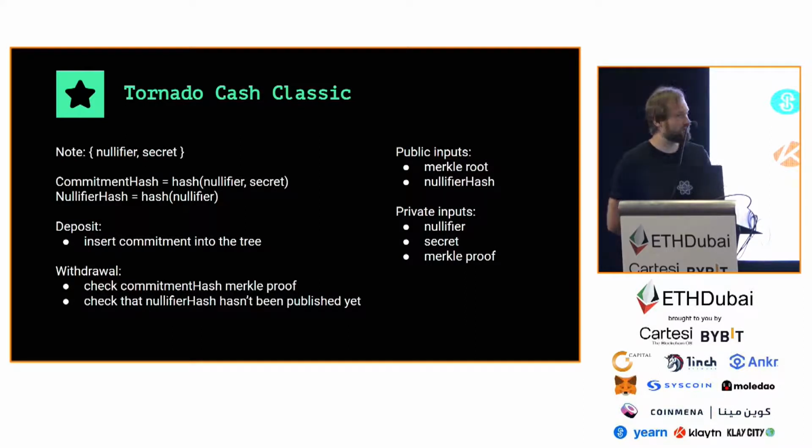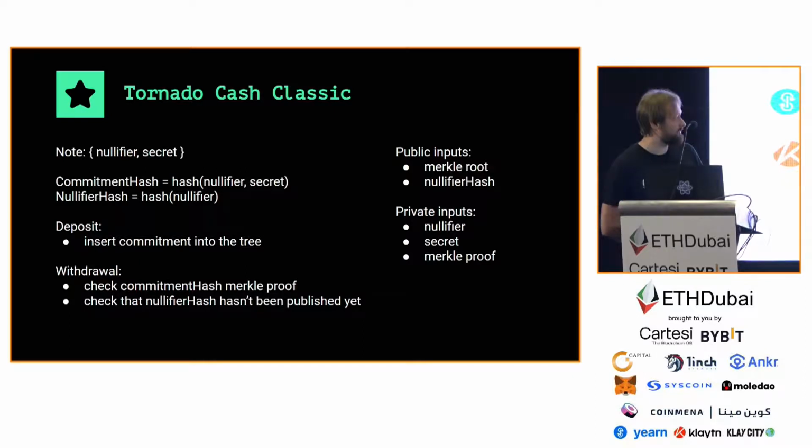And when you do a withdrawal, you generate a zero-knowledge proof, proving two things. First, that your commitment is in the Merkle tree, so you generate a Merkle proof for that. And also, the smart contract will check that your nullifier hash hasn't been published yet. This is protection from double spends.